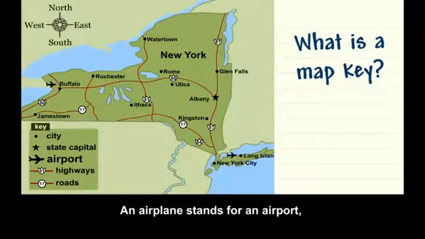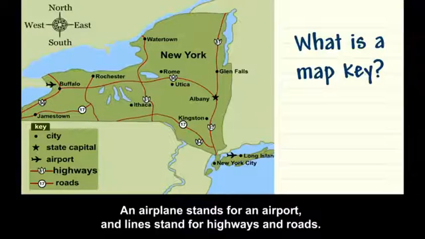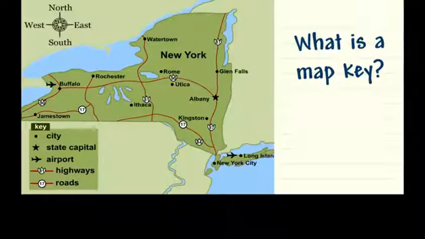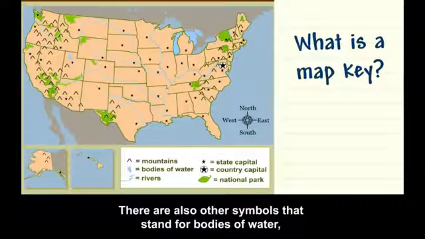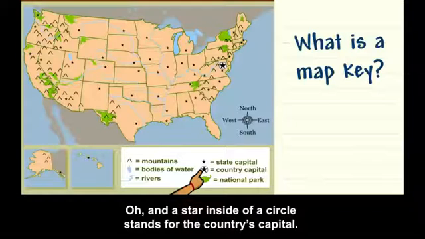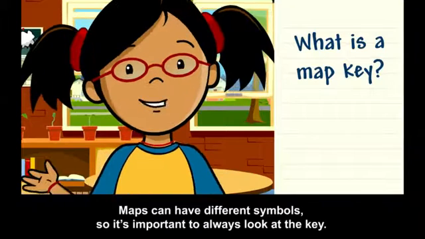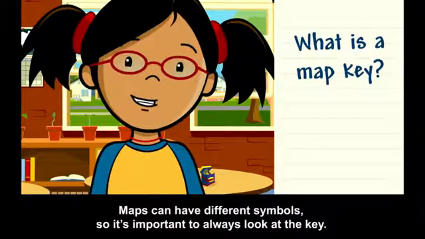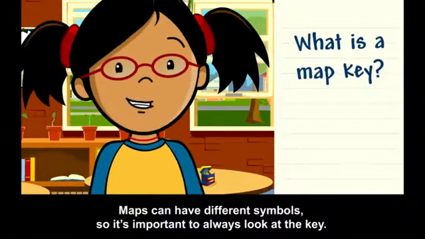An airplane stands for an airport. And lines stand for highways and roads. There are also other symbols that stand for bodies of water, parks or forests, and mountains. Oh, and a star inside of a circle stands for the country's capital. Maps can have different symbols, so it's important to always look at the key.